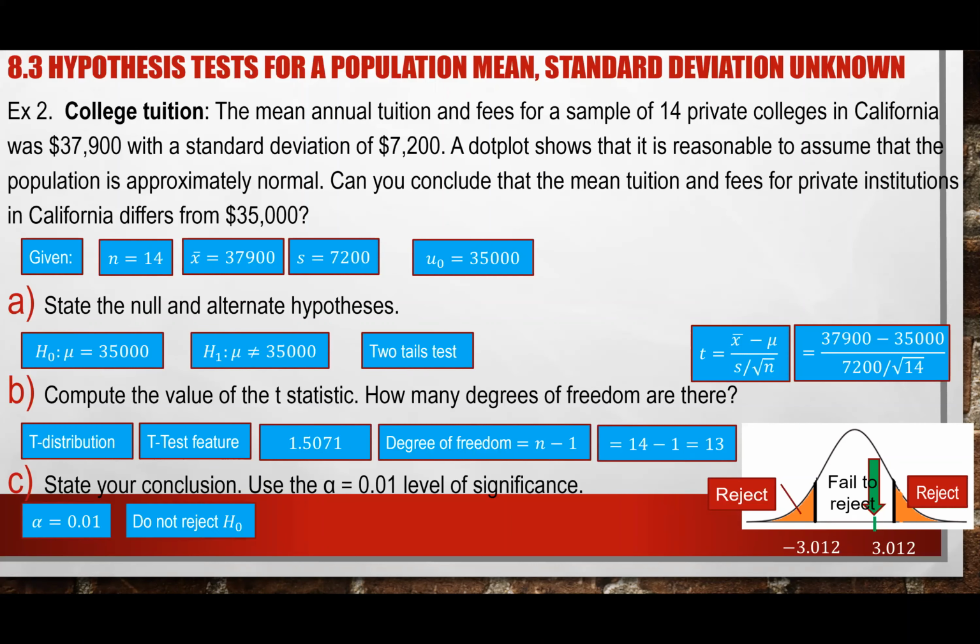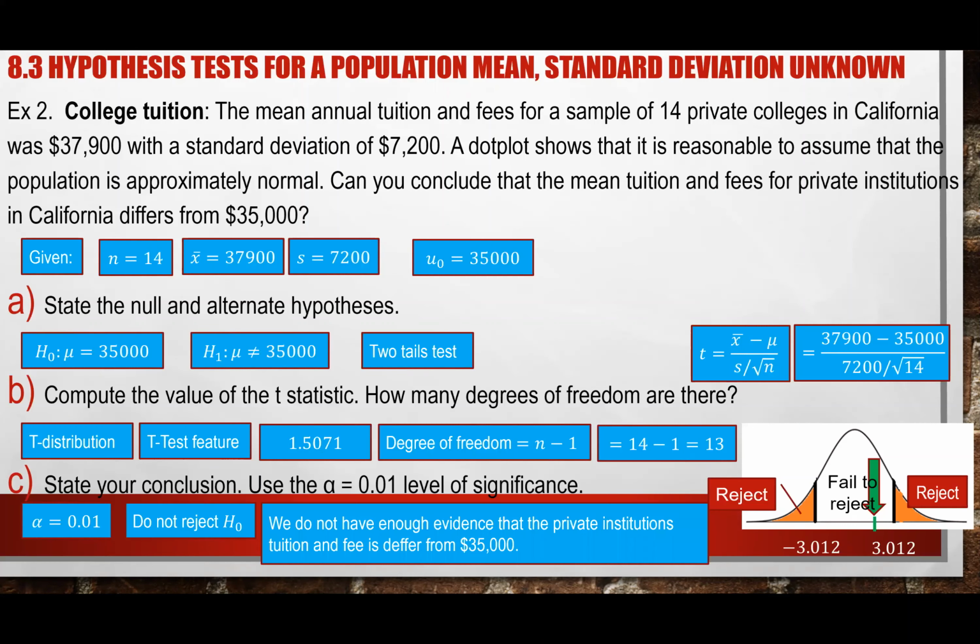And if you look at your p-value, you can see that your p-value is bigger than the alpha. I did not write a p-value here, but I think the p-value is like 0.2 something, way bigger than alpha. If the p-value is bigger than alpha, we do not reject.